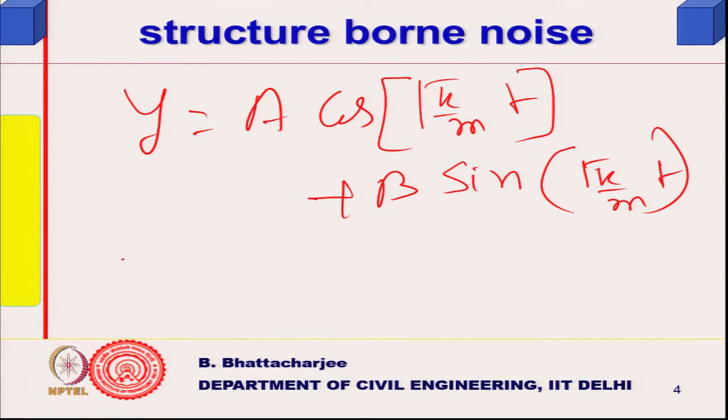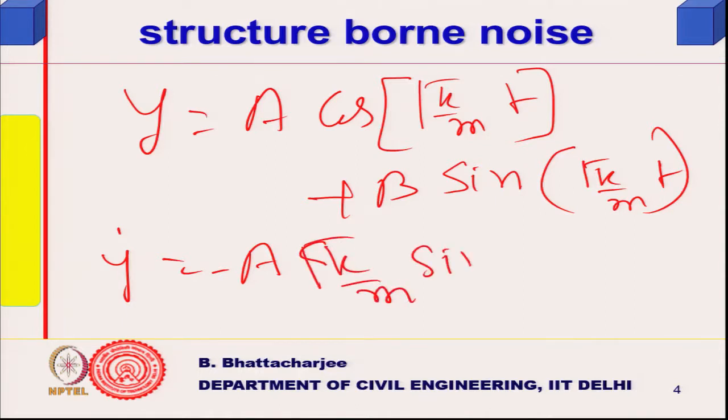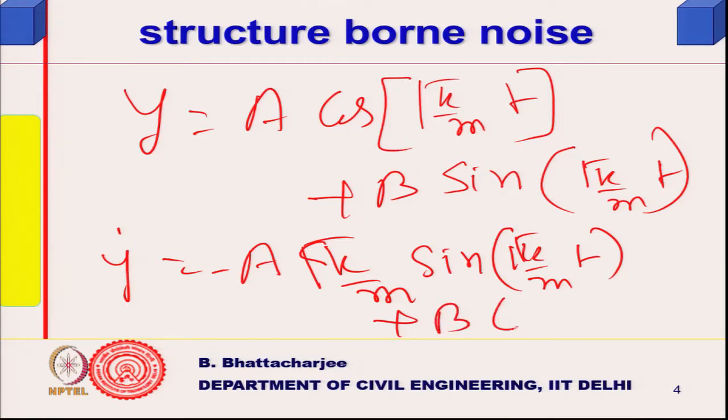So, if I differentiate it, I get y dot equals a times minus sin under root k by m t, plus b cos under root k by m t, and here again you will have under root k by m.